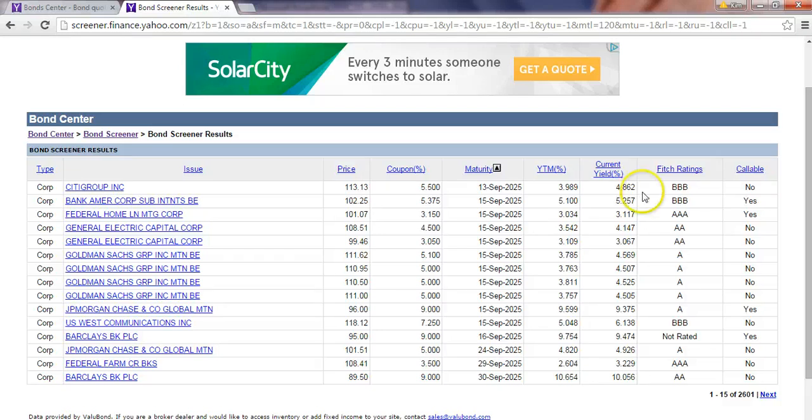The next thing is this rating. Okay, what is this rating? BBB, A's, so on and so on. Well, Fitch, and there are a couple of other agencies, Moody's and Standard & Poor's, rate bonds really to determine their ability to pay the coupon payment and to repay the par value at maturity.